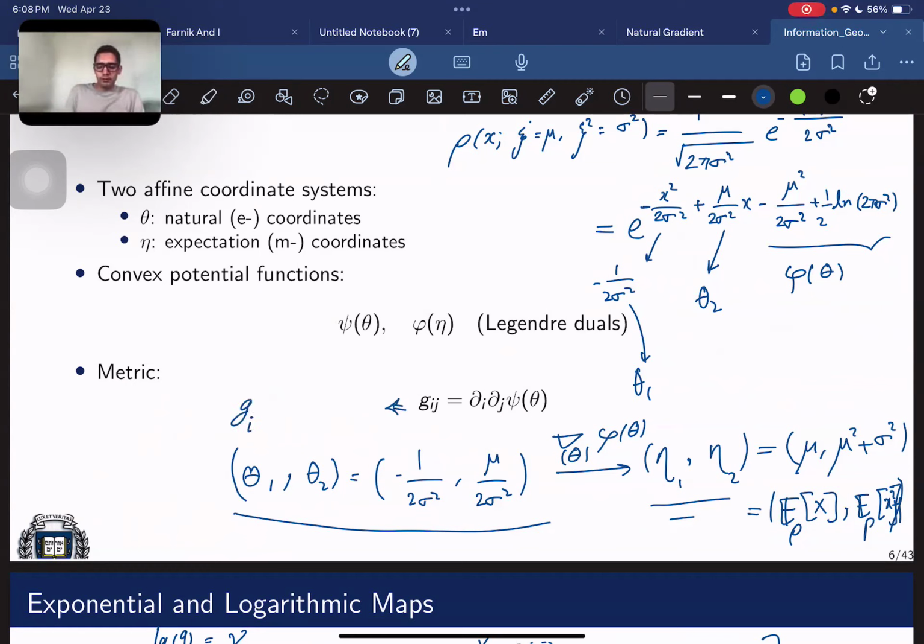So the inverse of the Fisher information matrix is nothing but the second derivative, or the Hessian, of phi. So if we try to find the variance of this parameter eta, because of this theorem, it would essentially give us the inverse of Fisher information.